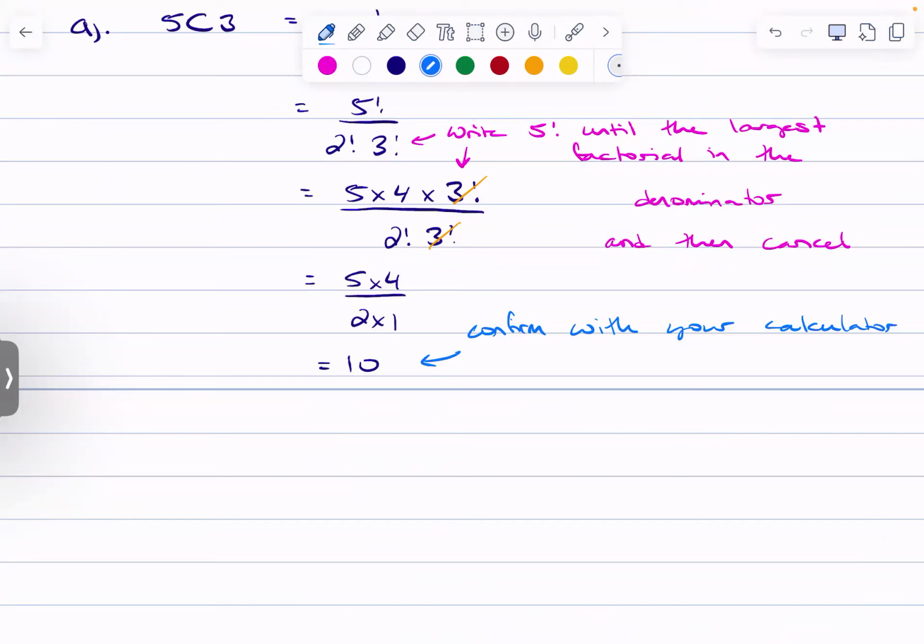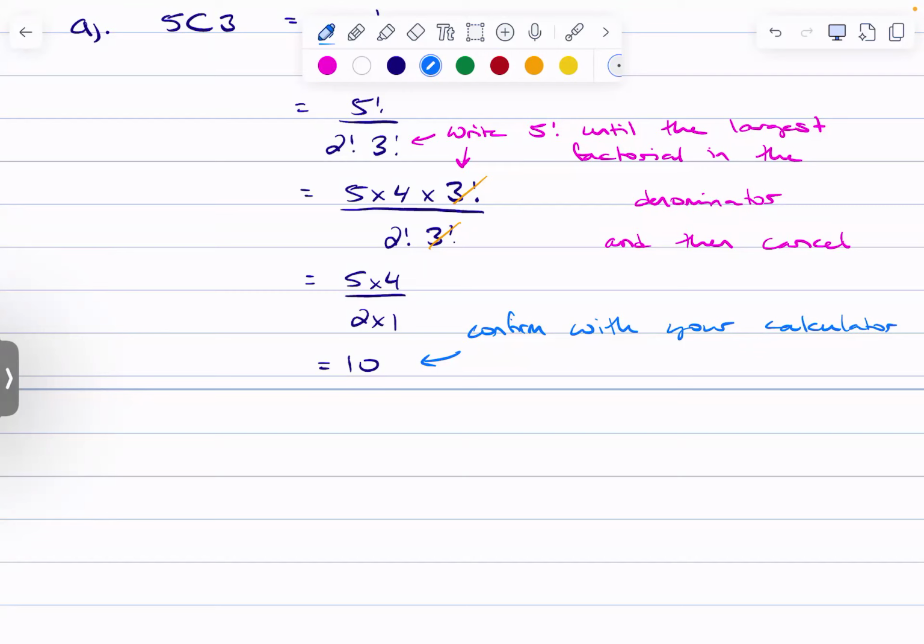Just a matter of finding where it is. And then with your individual calculator, get to know how it works. I have to do my 5 and then hit the nCr and then 3 and then equals, but I do get 10. So make sure that you're able to get that.